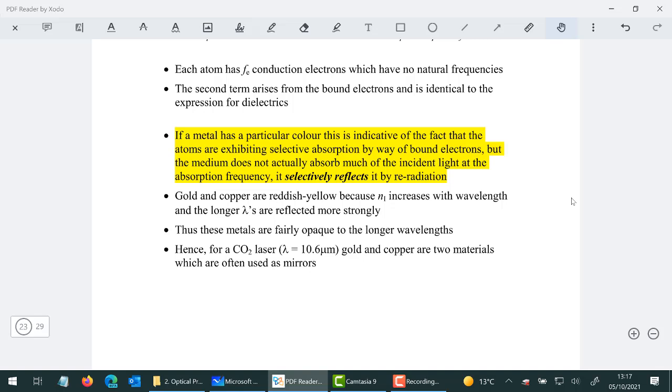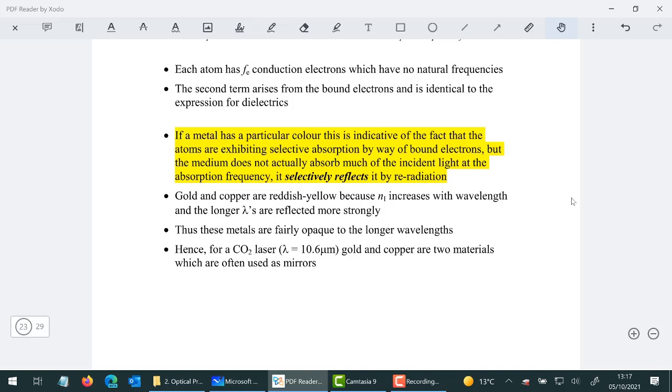An important point to note here then is that if a metal has a particular colour, it's mostly due to the way in which it reflects light. It's not because it absorbs light.